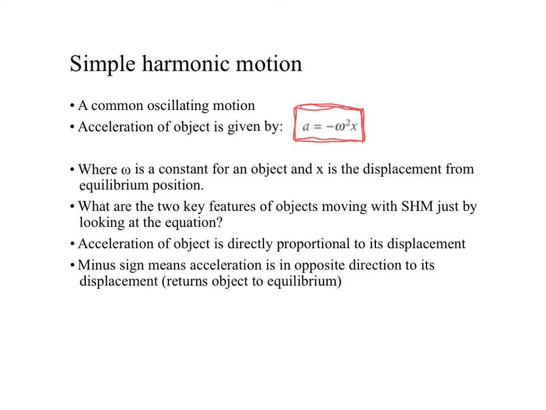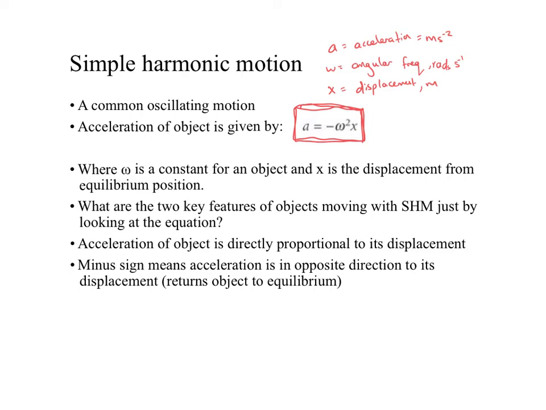Now, a stands for acceleration and is measured in meters per second squared. Omega is the angular frequency, in radians per second. And you have x, which stands for displacement measured in meters.